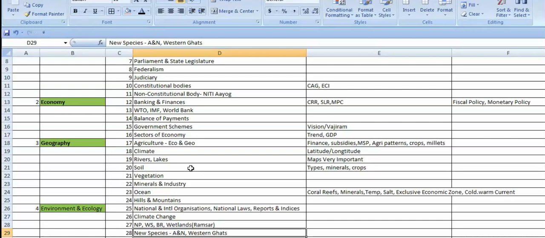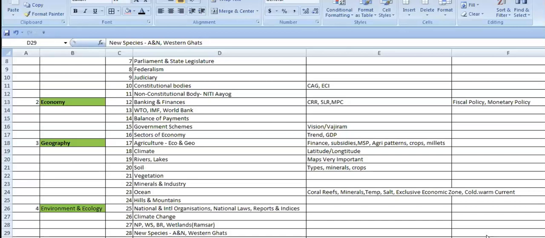And one thing, the trend that has been followed right from when I was writing prelims, is that if there is any Andaman Nicobar in the four options, you go and mark Andaman Nicobar, close your eyes and mark, because that will be there. So go and mark Andaman Nicobar without any single thought.